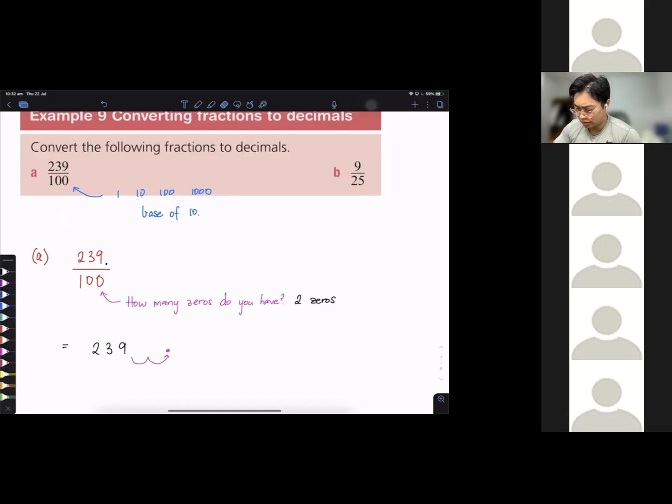Let's erase this. What do we fill in with these gaps here? Zeros. So is 23,900 the same as this fraction here? Or does that seem a bit strange? It's a bit strange, yeah? Because when we divide it, shouldn't it be a smaller number?